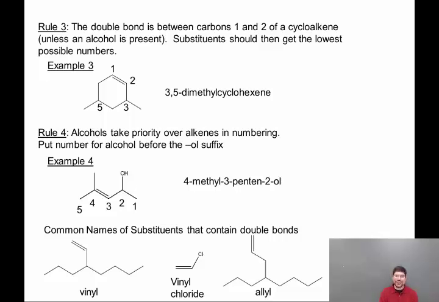And once again, you can have allyl on the chain, or allyl can be used as the first name of a common name for an alcohol, for example. So this molecule would be called allyl alcohol. Okay, so vinyl and allyl, 2-carbon, 3-carbon side chains that contain double bonds.